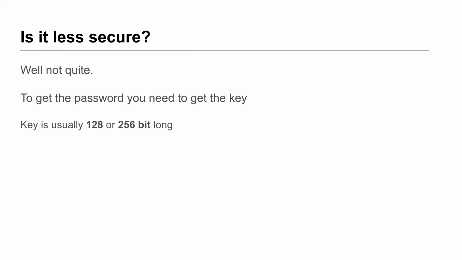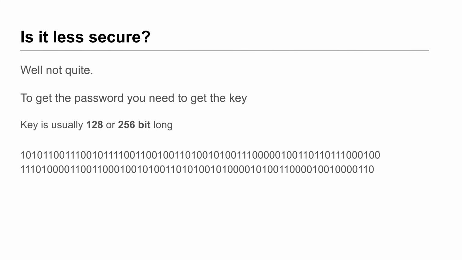Now, here is how encryption works. The key is usually 128 to 256 bits long. And the key is not as simple as shift three letters up or shift three letters down. No, it is usually a very long string which is pretty hard to crack. Now, let's take an example. So, this is a 128 bit long key.